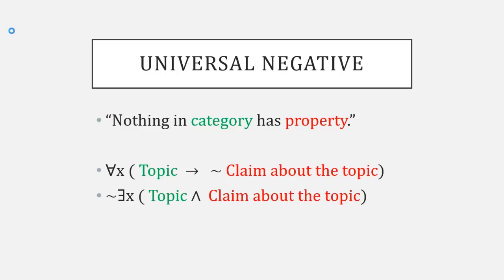Keep this distinct in your mind from saying not everything in the category has the property, right? That's different than saying all movies fail to be educational, which is one claim. You're claiming that there doesn't exist any educational movies, versus not all movies are educational.